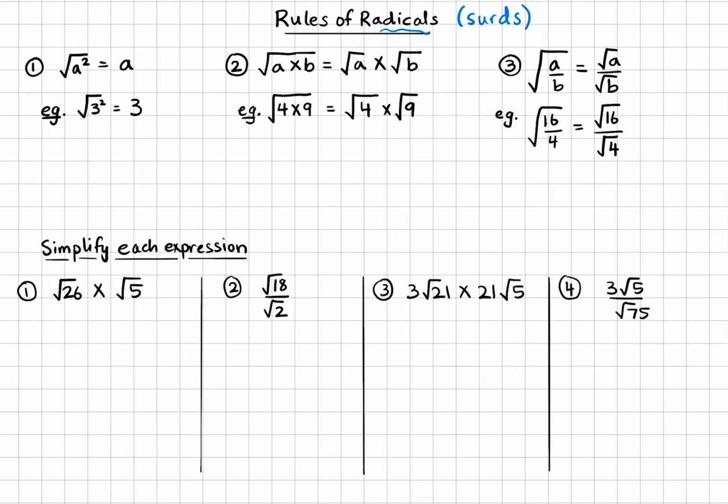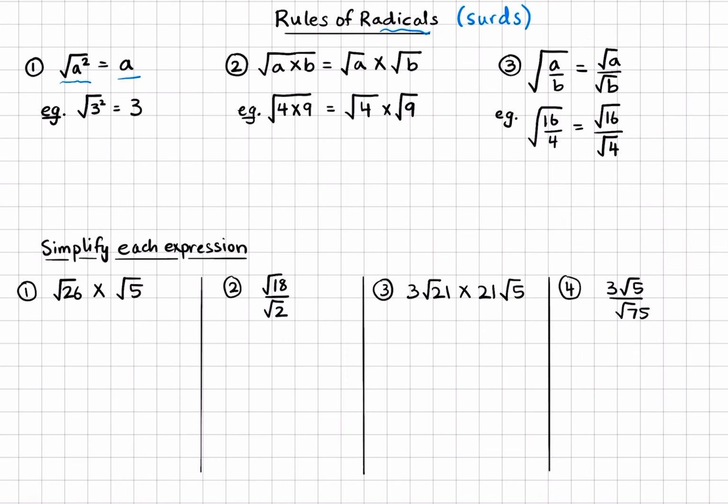All right, so today we're looking at three basic rules to deal with radicals or radical expressions in order to simplify them. The first rule is the square root of a squared equals a.